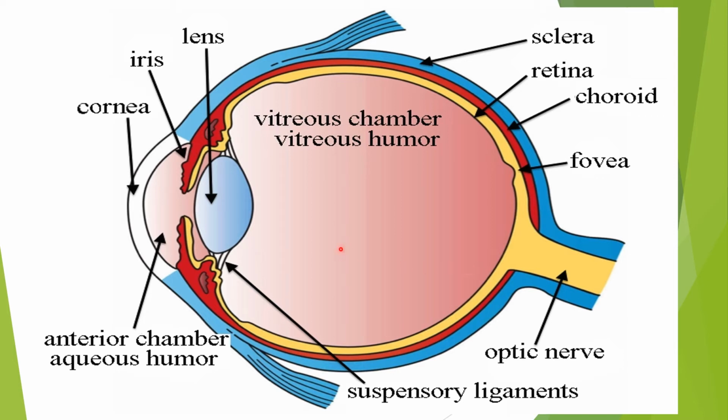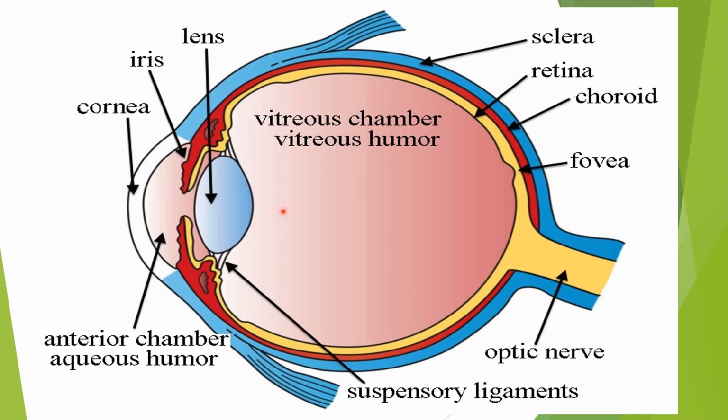So light rays pass through the cornea and get refracted. They pass through the aqueous humor, which also acts as a refracting medium. Then the light rays pass through the pupil and the lens. The lens brings about maximum convergence of light rays.